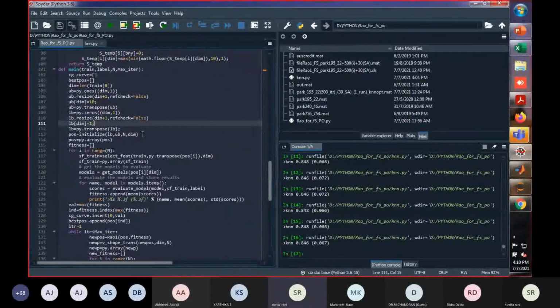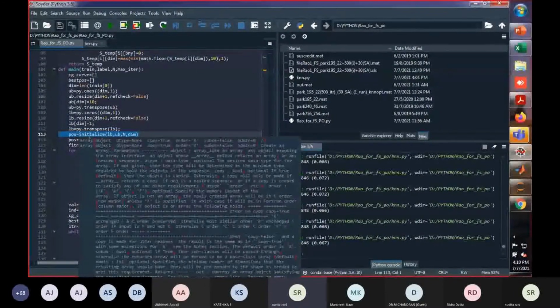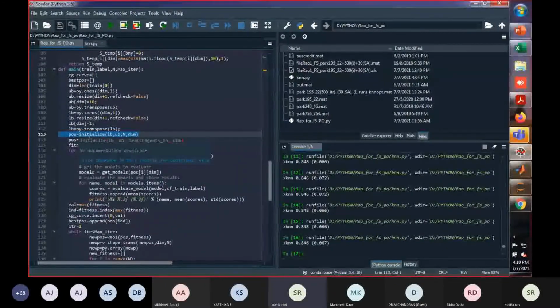Then first we find the position. We first call the function called initialization. The initialization function mainly initializes the position of the search agents. If we have the whole search space, we have a search space of 2 raised to the power n for n number of features, and then we have to search which features we have to select. Then we randomly initialize positions in the whole search space.